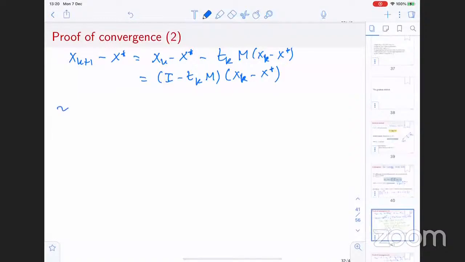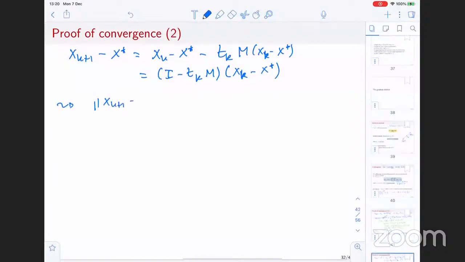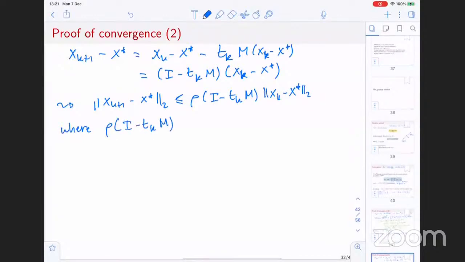So this implies that the two-norm of x_{k+1} minus x star is less than or equal to what I will call rho of (I minus t_k M) times the norm of x_k minus x star, where rho of (I minus t_k M) is the largest eigenvalue of I minus t_k M in absolute value.